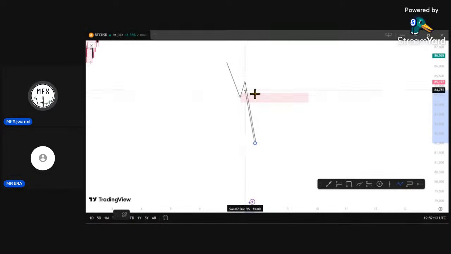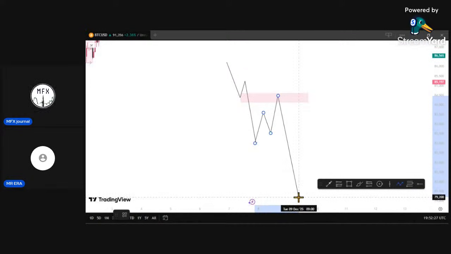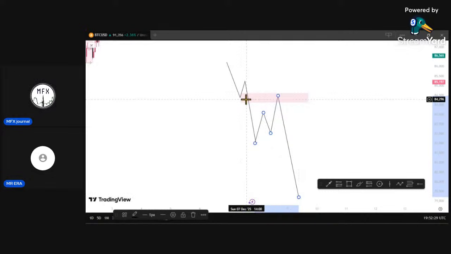In order for you to confirm whether this breaker will hold, it is very important for you to wait for liquidity. And liquidity is just a short range that forms before price goes to your POI. For example, this right here is your POI.